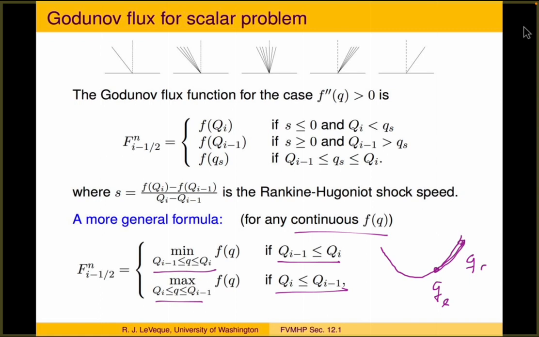So the flux at the interface is just f of ql, which is the minimum value of f over this interval.